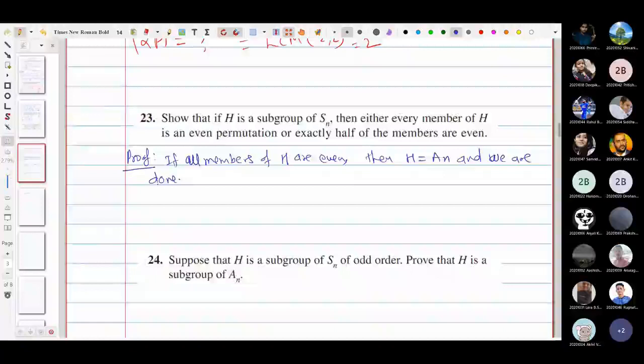Okay, so now the thing is that if H contains at least one even or odd permutation, we need to discuss these two things. So let H have at least one odd permutation.